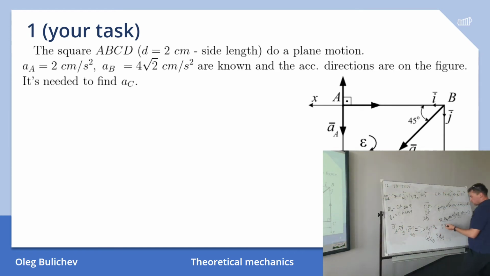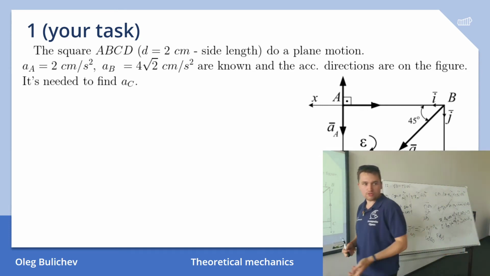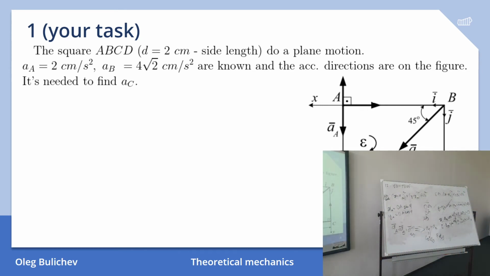You do the same for y: AB sine phi plus, minus doesn't matter now because we need to understand the idea, and a. Hooray, we did it. We found the angular velocity and acceleration.